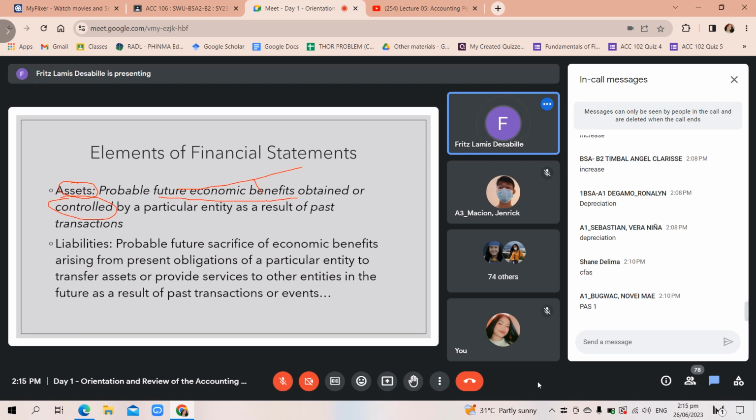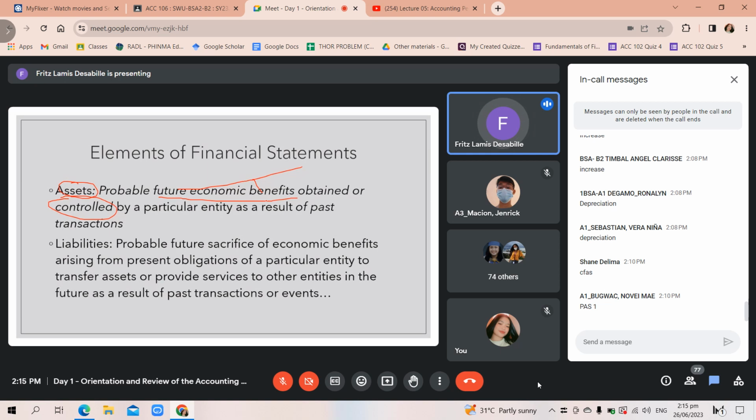Later on, in ACC 108 and 109, we will be discussing right of use asset. A right of use asset results from a lease. If it is a leased asset and we control it, it is a right of use asset. It is not owned, only a right to use, by a particular entity as a result of past transactions.